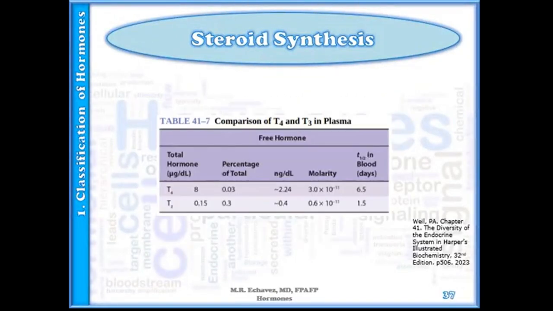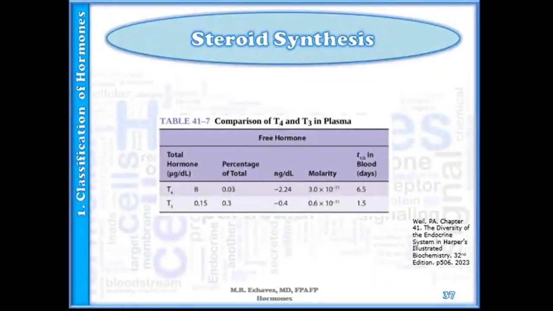This table compares your T4 and T3 in the plasma. Thyroid hormones are transported by your thyroid binding globulin, or TBG. One half to two thirds of your T4 and T3 in the body is in an extrathyroidal reservoir.